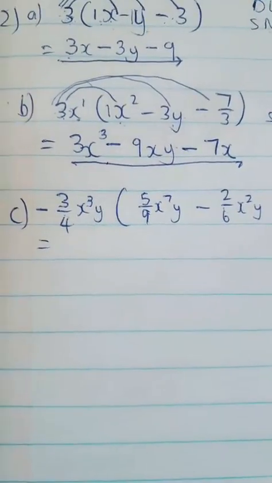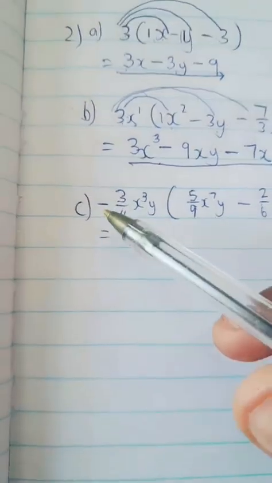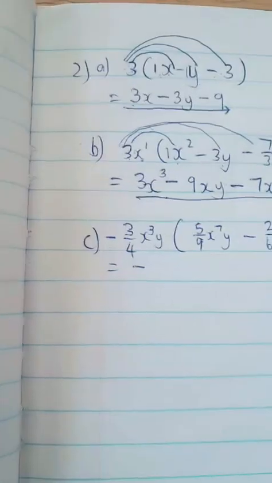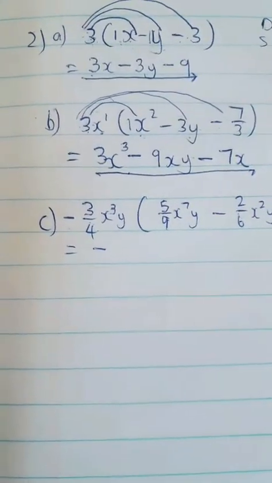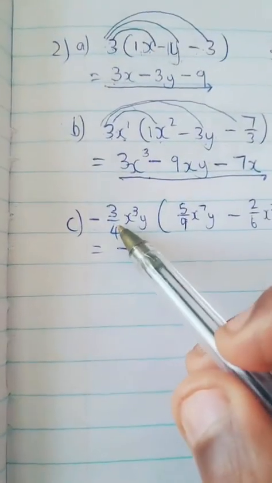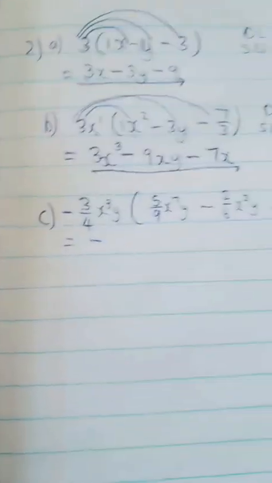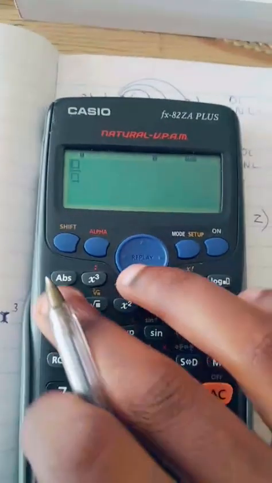What do we first start with? The sign. Negative times a positive will give us a negative. Finished. Then we move on to the number, the fractions. 3 over 4 times 5 over 9. Go to your calculator.